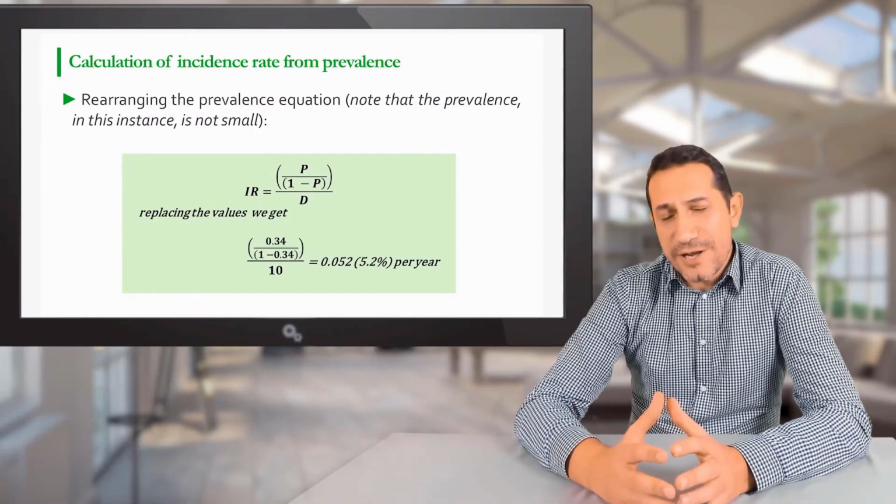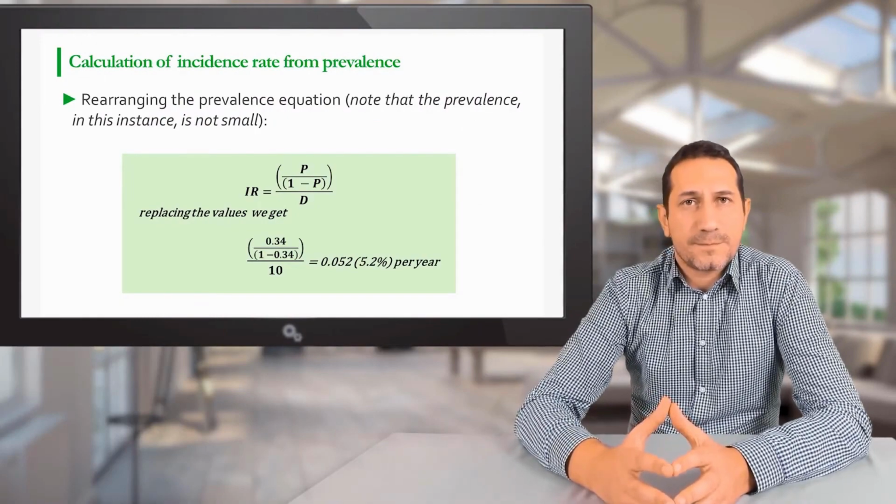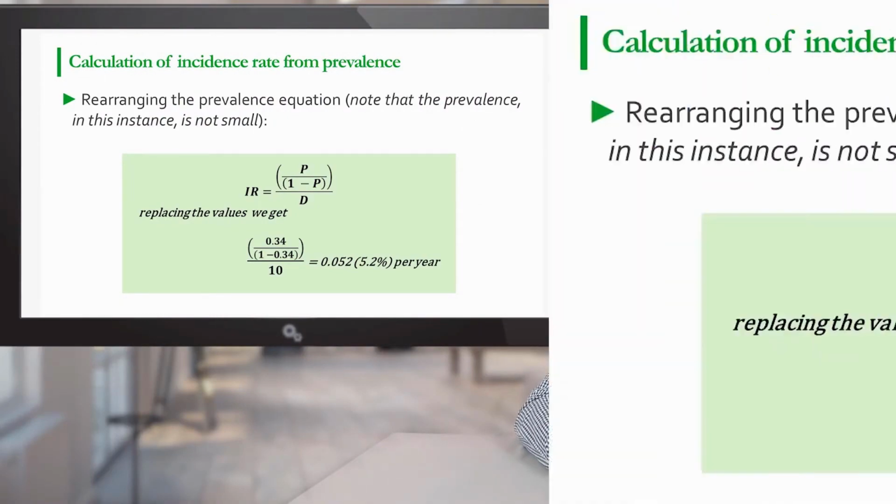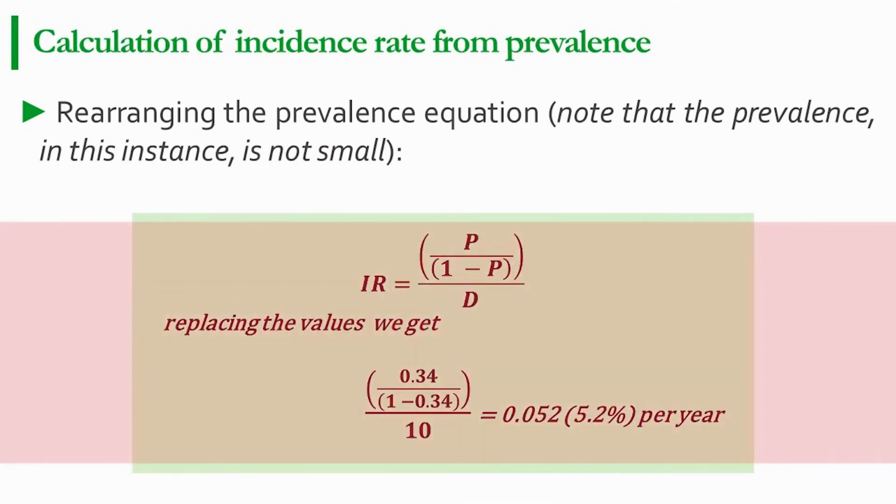And if we rearrange the formula, we would see that the incidence rate is the proportion of humans in this case with the disease over the proportion without the disease, and that's all over the average duration of the disease.